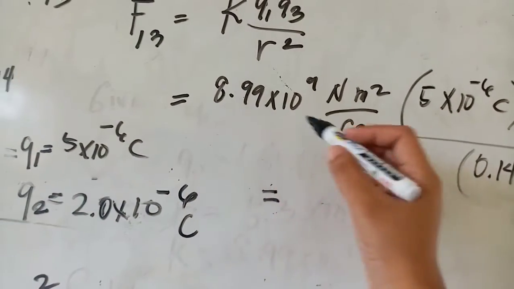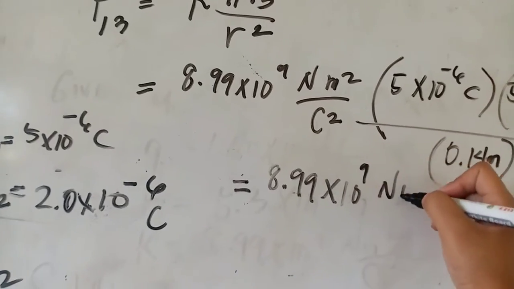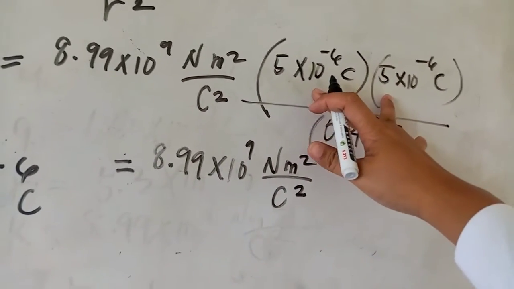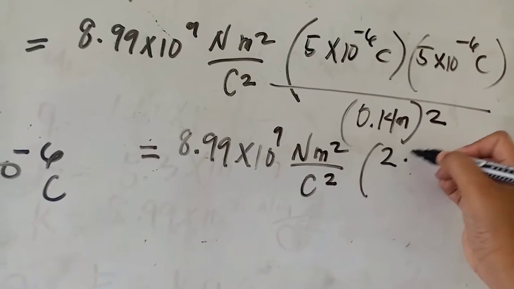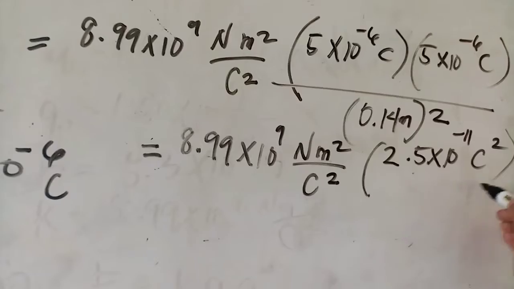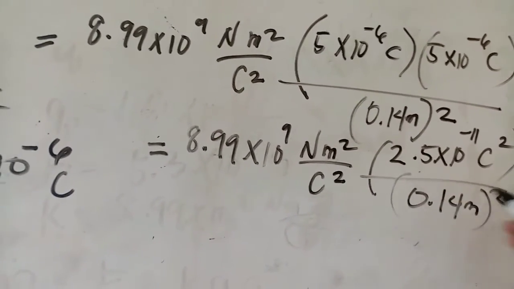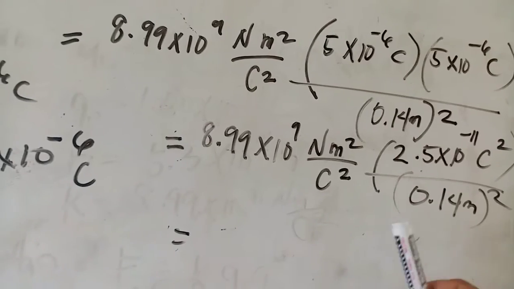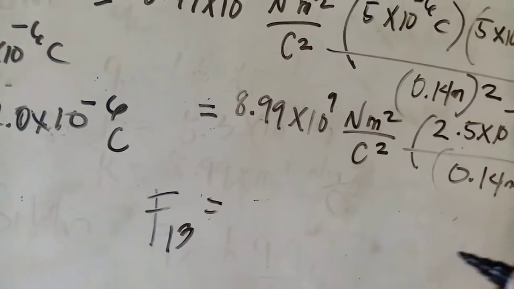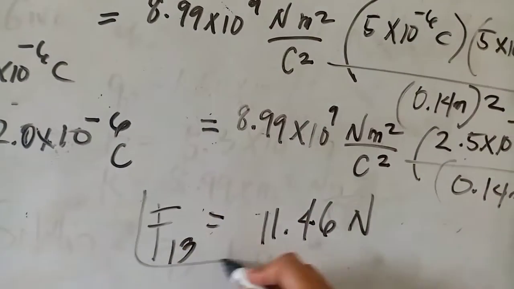You multiply this by 8.99 times 10 to the power of 9 newton meters squared per coulomb squared, and you will get 2.5 times 10 to the negative 11 coulomb squared divided by 0.14 meters, quantity squared. Using your calculator, the force of charge 1 onto 3 is 11.46 newton.